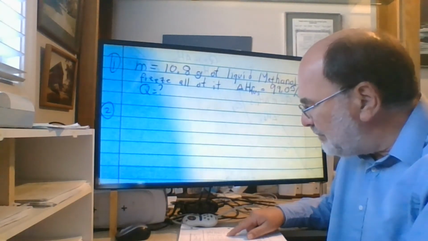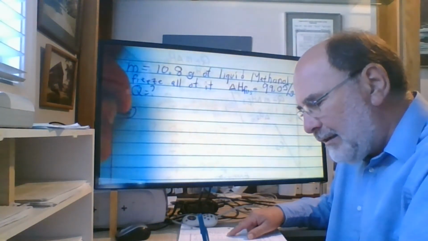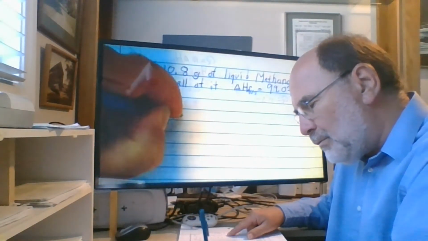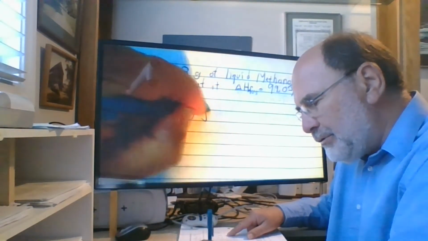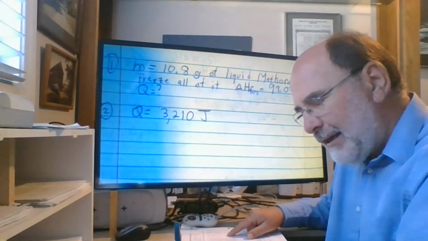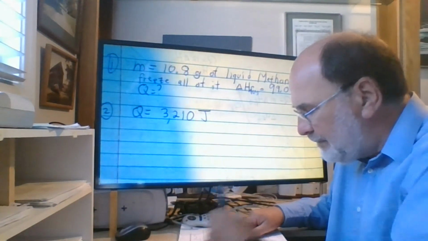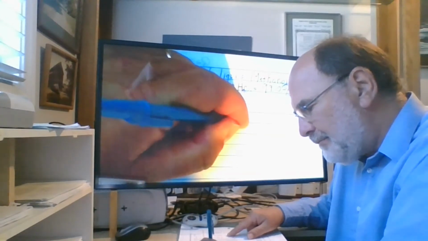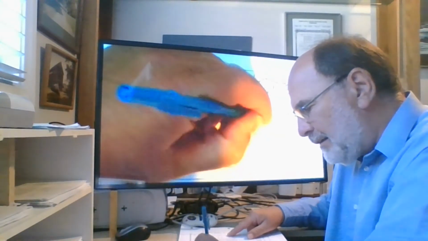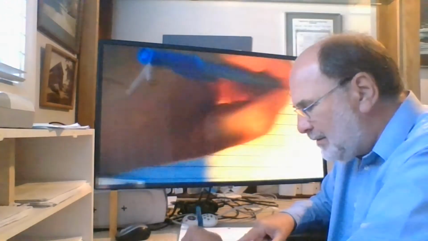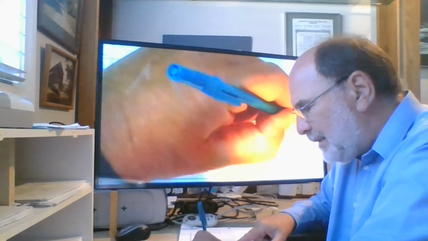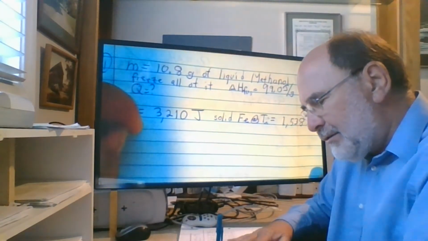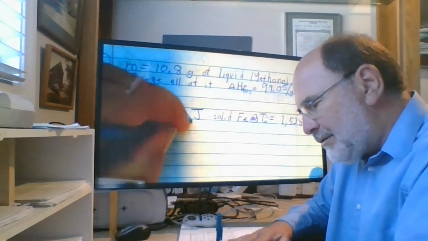Next one, I have some iron. And I take an amount of heat energy of, let's say, 3,210 joules, and I apply that to a quantity of solid iron, which was at an initial temperature of its melting point, so 1,538 degrees C. It all melts.